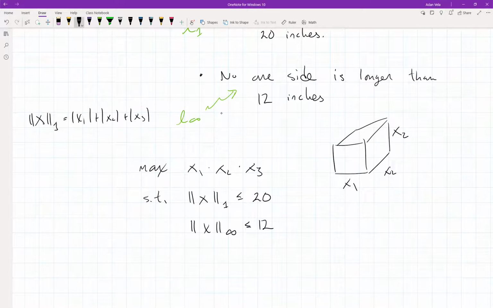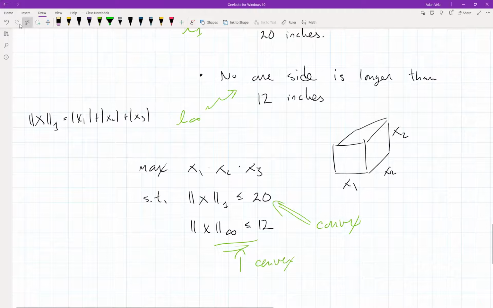Okay, so one of the big points here is this guy is convex and this guy is convex. It's worth discussing the relationship of constraints and how we go about preserving convexity.